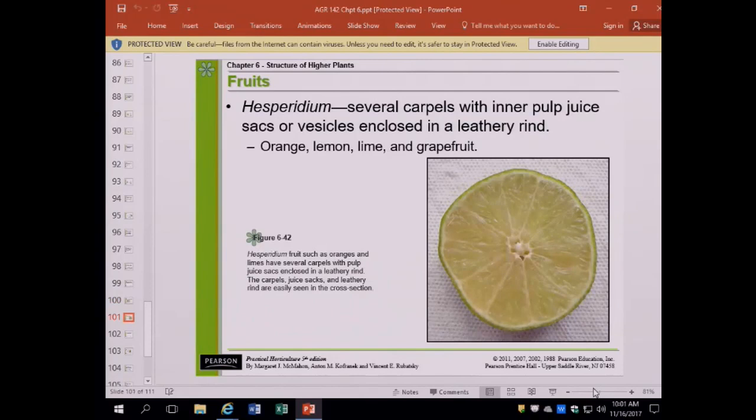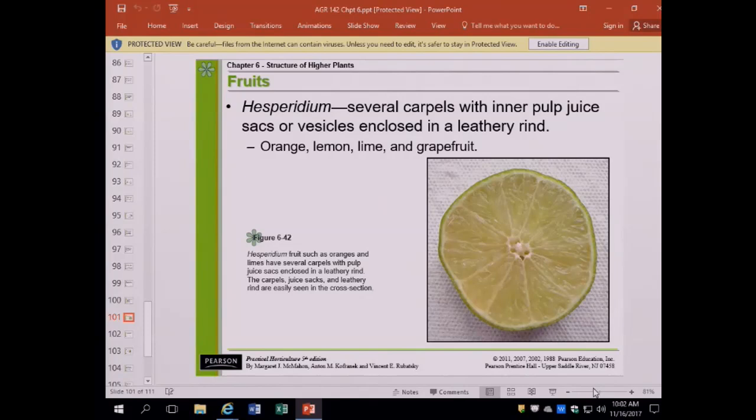You've got several carpels. If you ever try to eat an orange, you'll peel it and separate it, and that individual piece that you separate and begin to eat is one of the carpels. Some of these citrus fruits are seeded, some are not. Tangerine is another example. Quite often tangerines are full of seeds. A tangelo is another example, but they'll have multiple seeds.